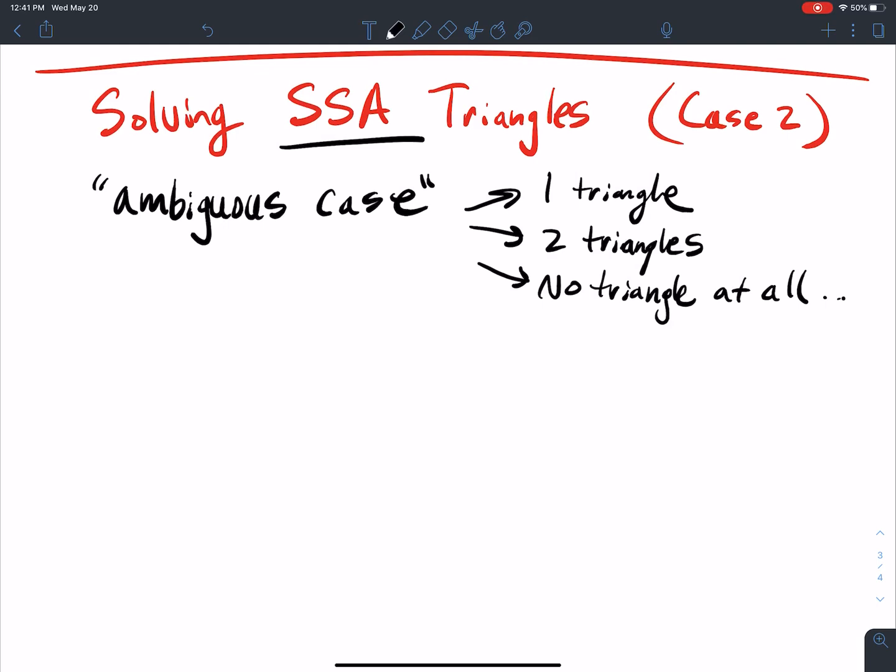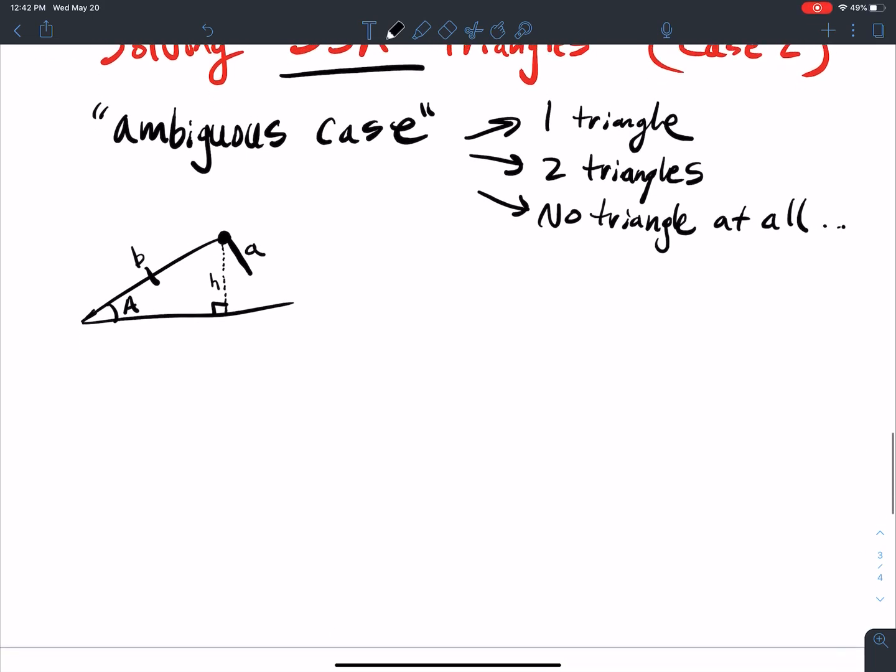So you had this angle A that's given, and then you know side B and side A. Now, if A is not long enough, then you can't even form a triangle with this information.